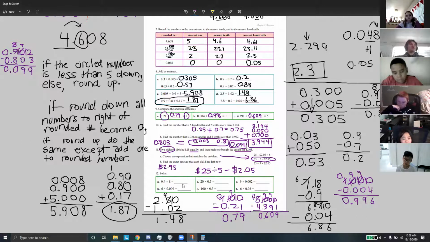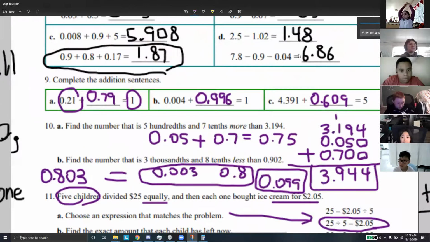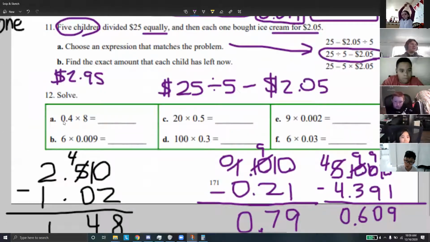Great. Okay, next we have solve. Oh boy. Oh, it's multiplication. I don't want to make this difficult to understand, but this actually might make it easier. So this 4/10 is actually just 4 times 1 over 10, right?